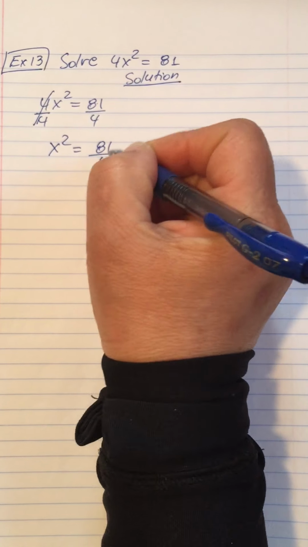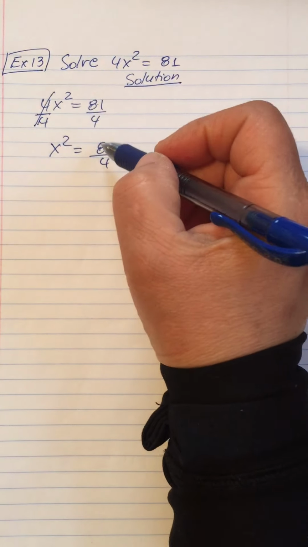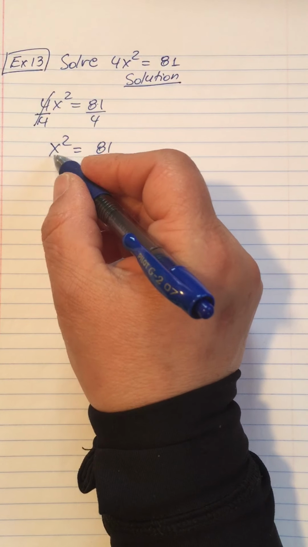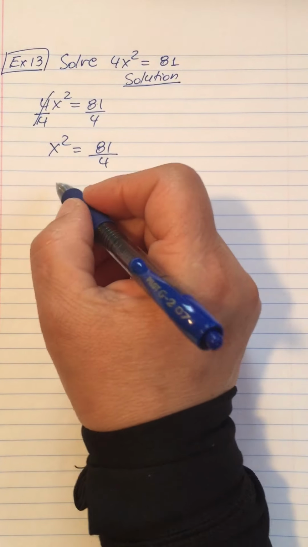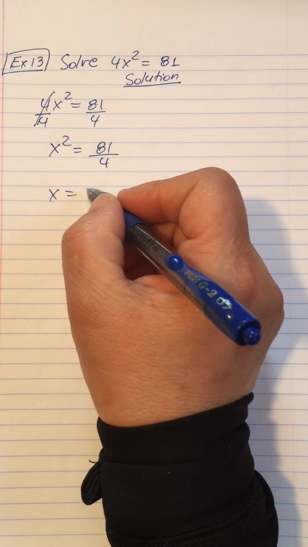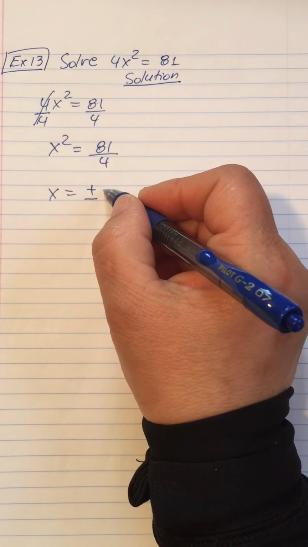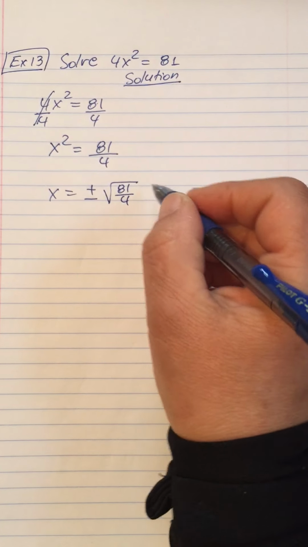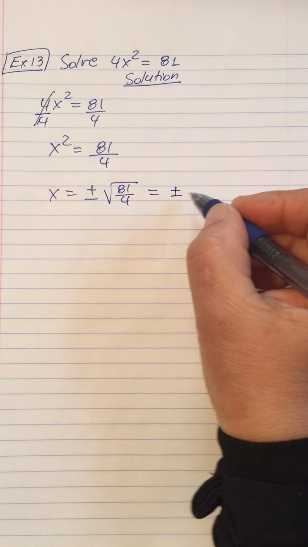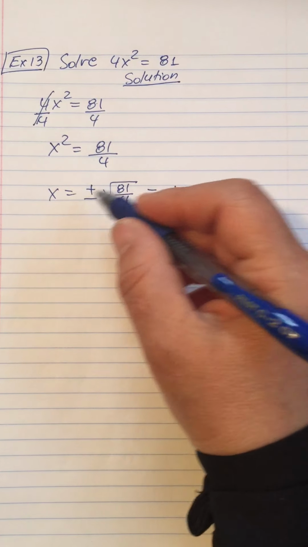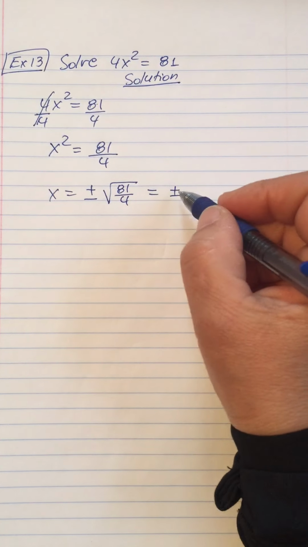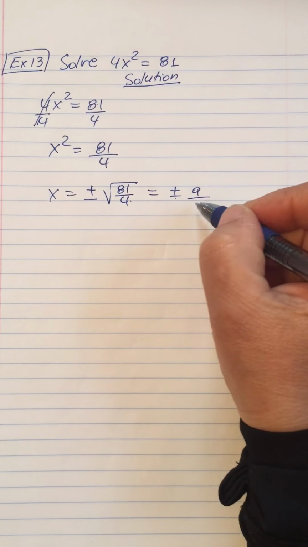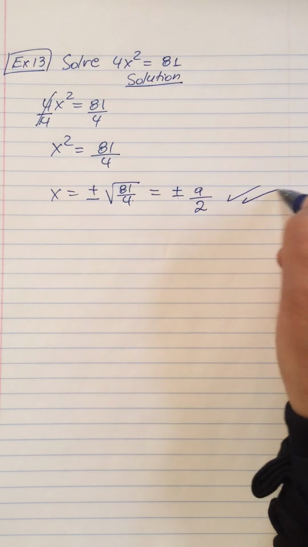They cannot be simplified, okay? But as I see, they are beautiful numbers because they are square numbers. Now, if x squared is this number, then x is equal to the positive and the negative root, the square root of 81 over 4. And happily, I declare that the x values are positive and negative 9 over 2, and I'm done.